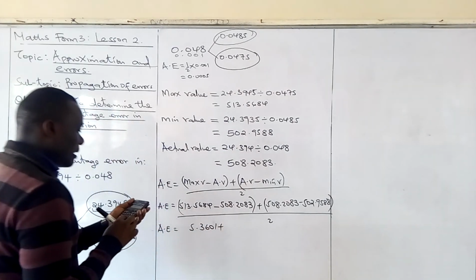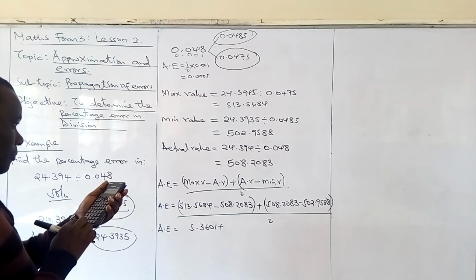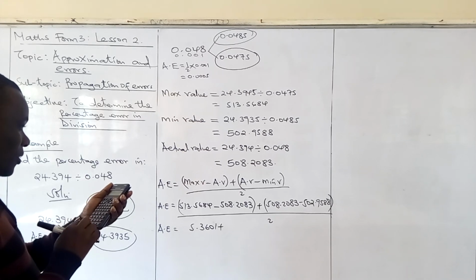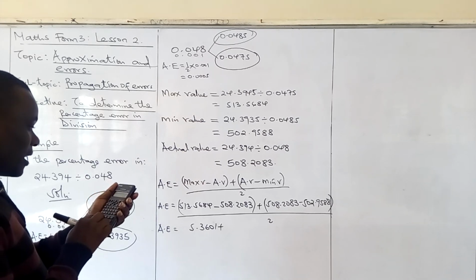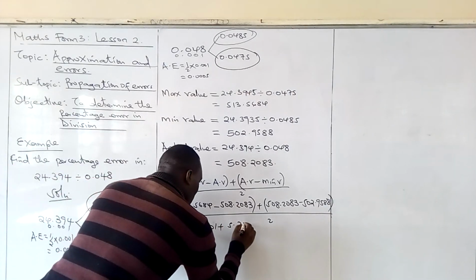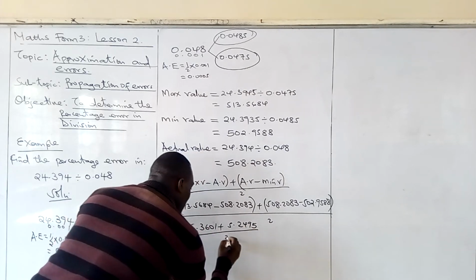Then we add 508.2083 minus the minimum value, 502.9588, which gives 5.2495, then divided by 2.